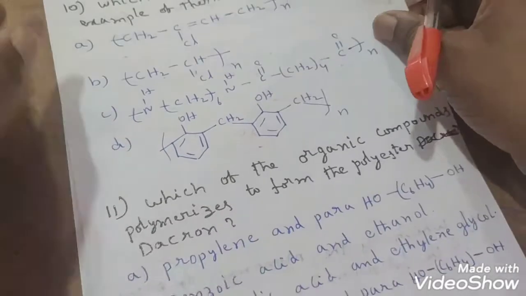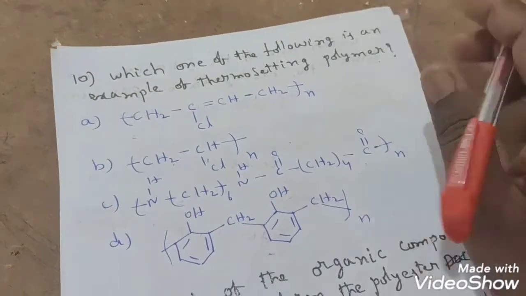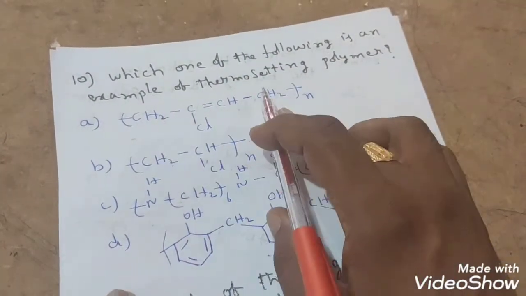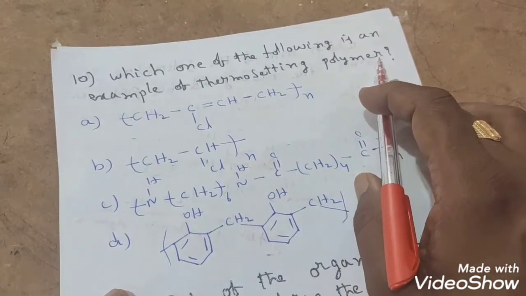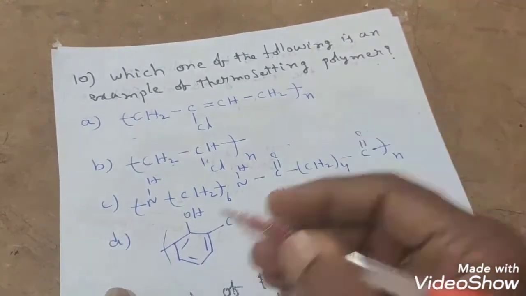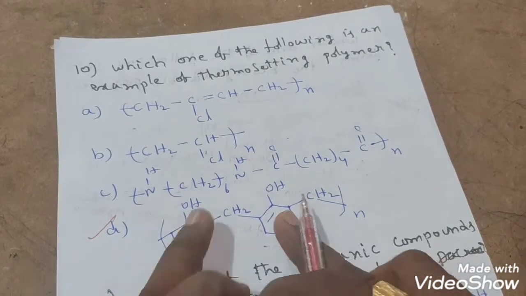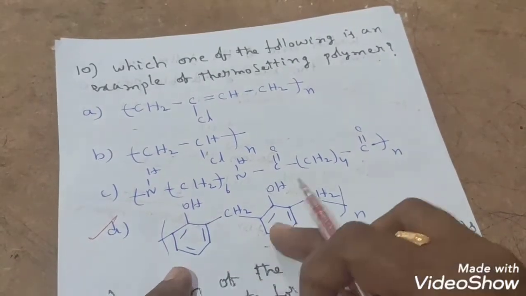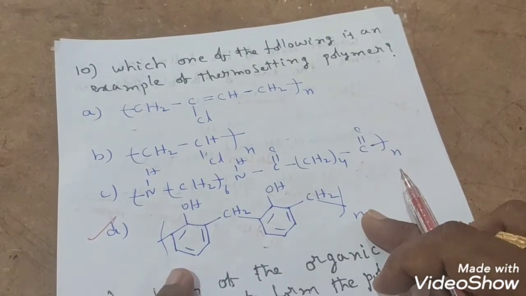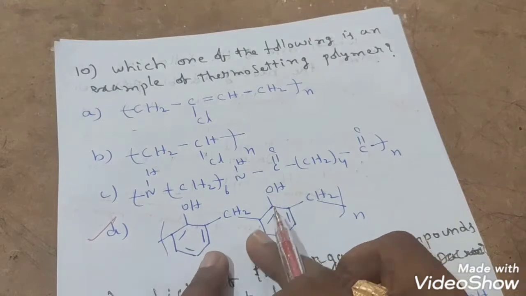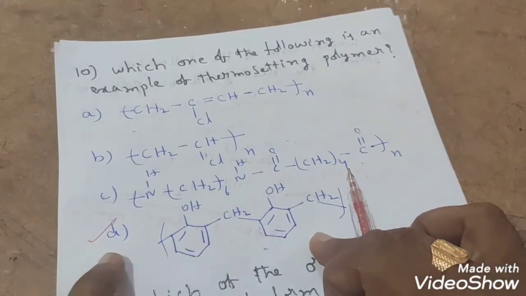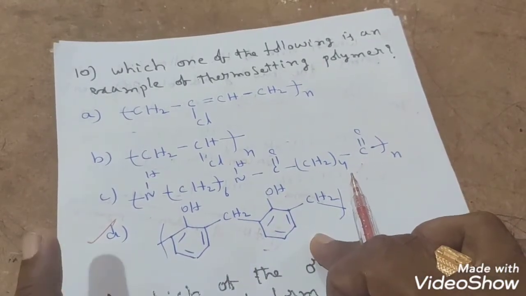Next question, if you observe, question number 10. Which one of the following is an example of thermosetting polymer? Thermosetting polymer is bakelite. Bakelite partial structure is this one. You can observe, this is only a partial structure. Still some more joinings are there. But even in competitive examinations, they will give like this only. Thermosetting polymer example is what?